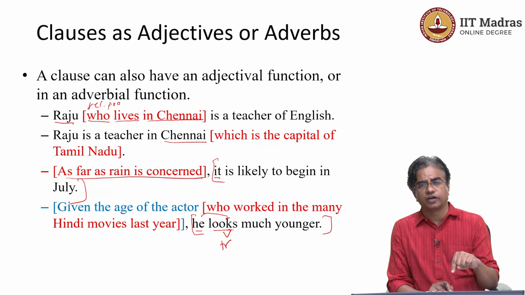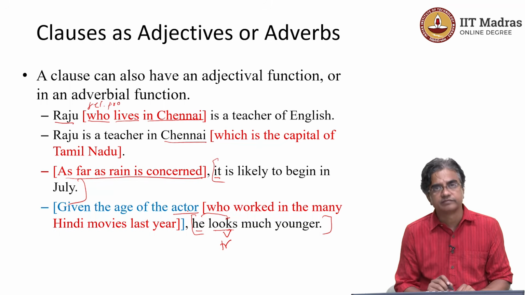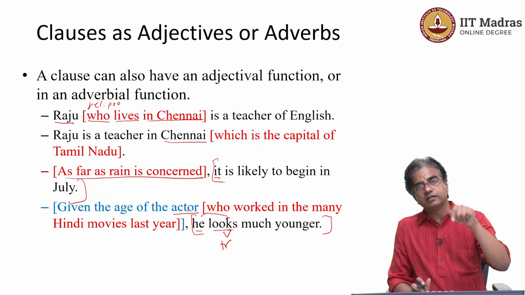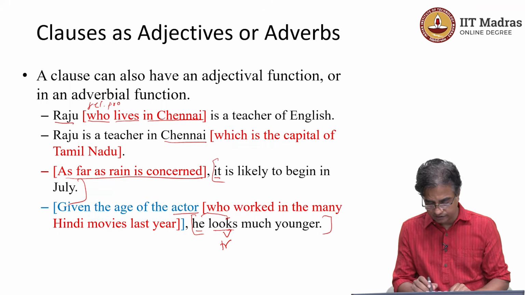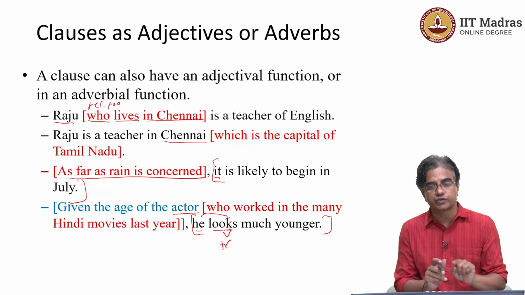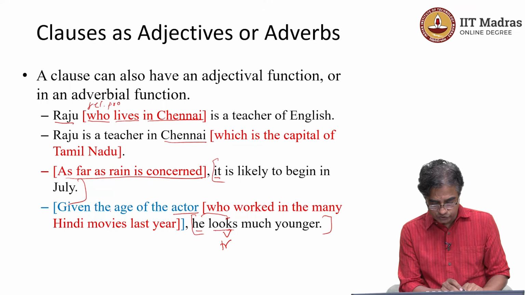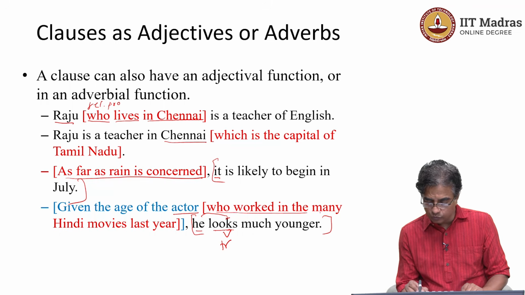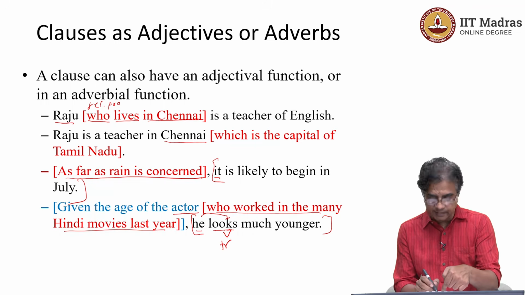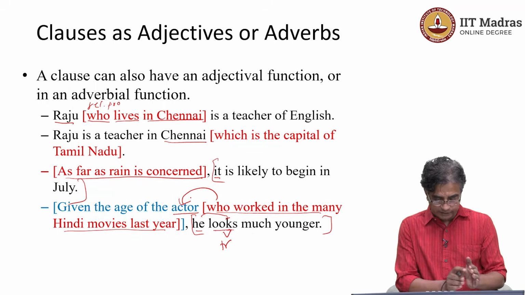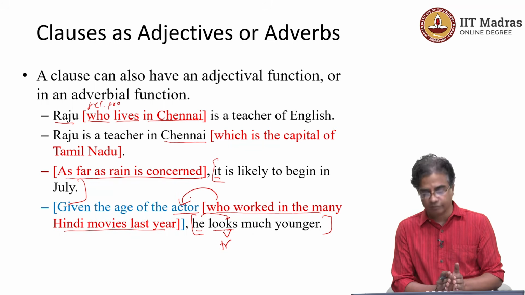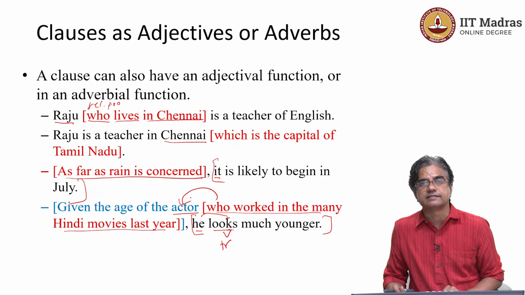Within the adverbial clause, we have a noun, actor. And we have another clause which has adjectival function within this one. Therefore, we have used two different colors here. So, who worked in many Hindi movies last year is the adjectival clause for this actor. And this whole thing has an adverbial function for this sentence.